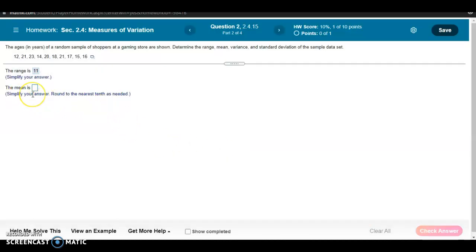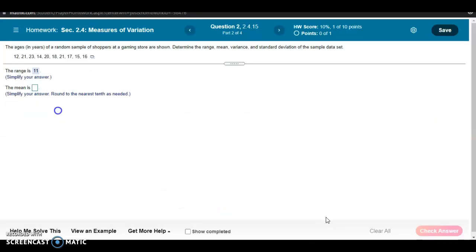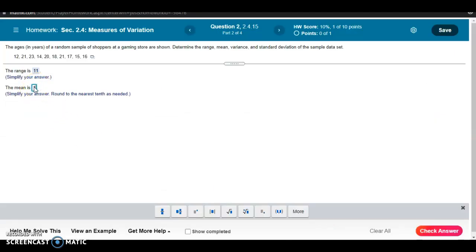Now we want the mean. Keep in mind that the mean is not a measure of variation; it's a measure of center, or measure of central tendency. But the problem is asking for it anyway. Going back to our results in StatCrunch, we see that the mean is 17.7.